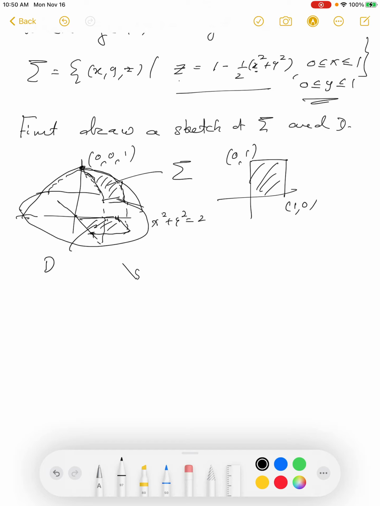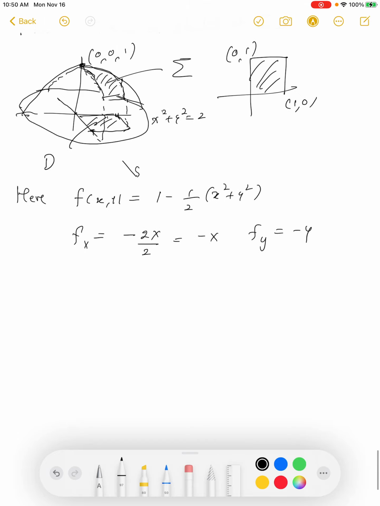Good. So what is the little f in our problem? So here f of x, y, which is this function z, which is given to be 1 minus half x square plus y square. So we'll need to calculate fx and fy. Fx is going to be, differentiate this, so minus 2x by 2, which is minus x.